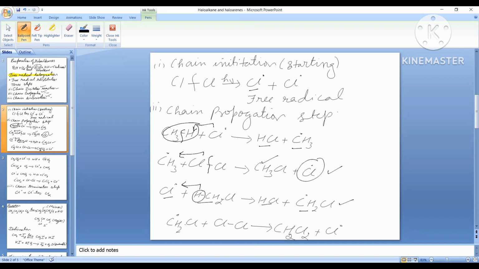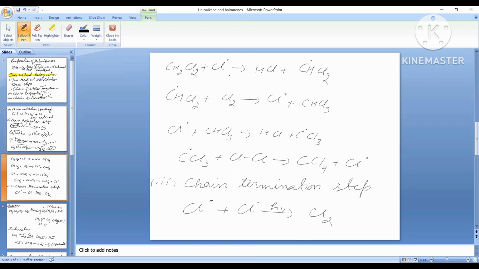Again the carbon free radical comes, then Cl2 will be attacked, this bond will be broken, and one Cl will come here, forming CH2Cl2 and a Cl free radical. I hope you understand. And the third step, you can see CH2Cl.